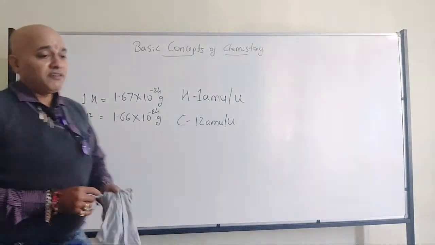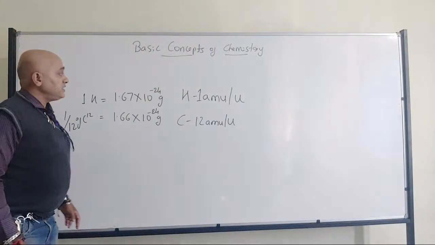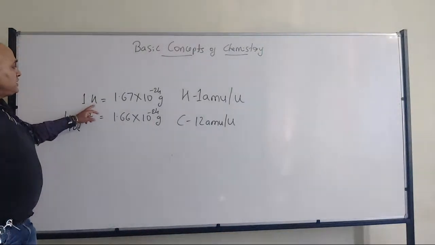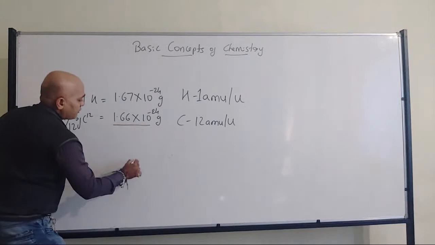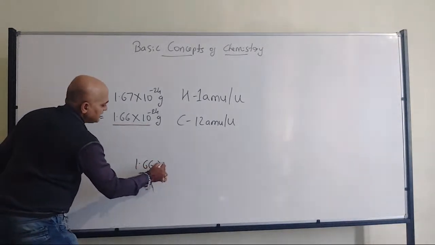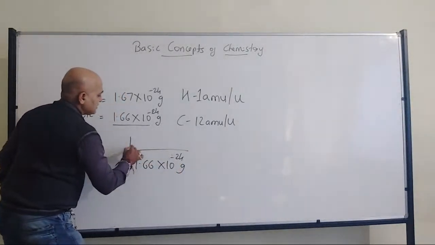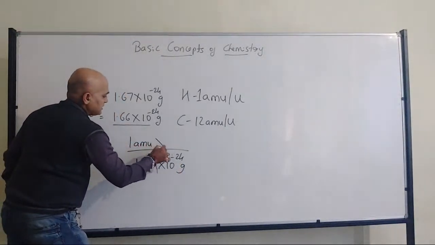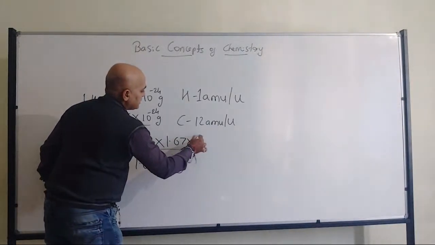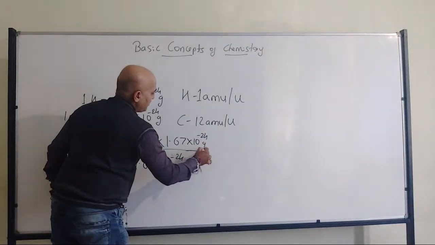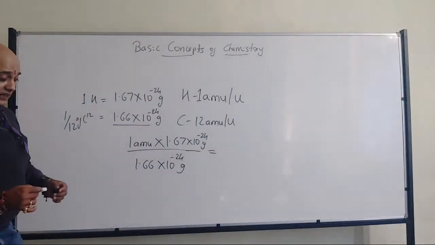So now if you divide these two, if you want to identify the atomic mass unit for hydrogen, then you can tell that for 1.66 into 10 to the power of minus 24 gram, it is 1 atomic mass unit. How much for 1.67 into 10 to the power of minus 24 gram? That's how we can calculate.